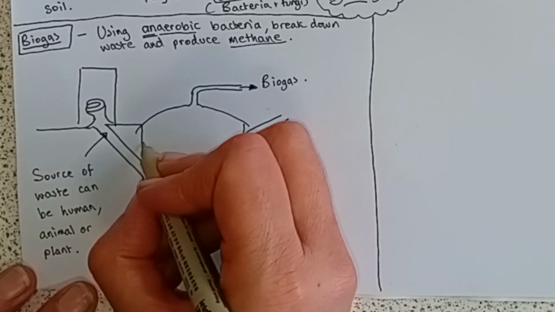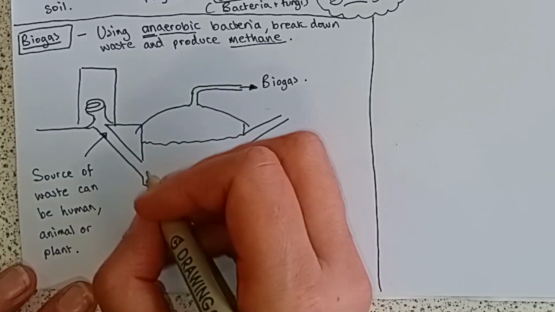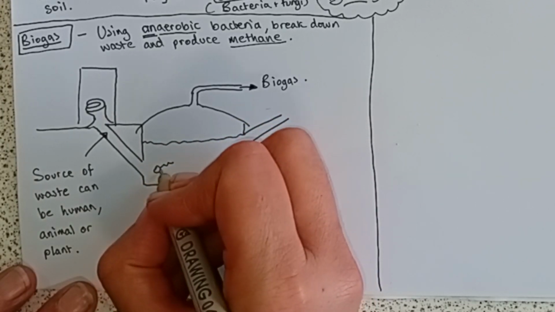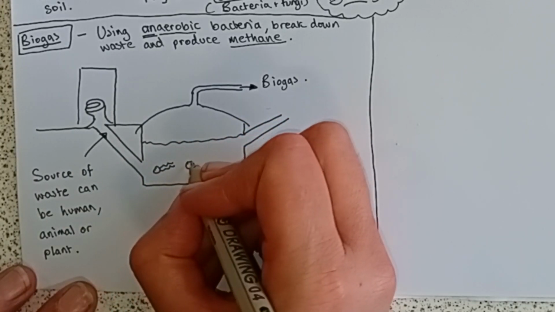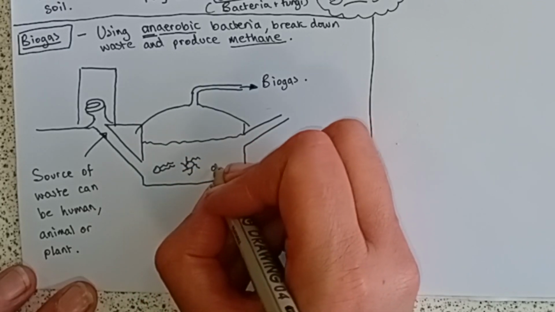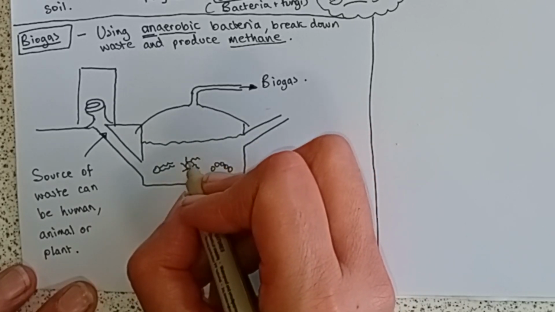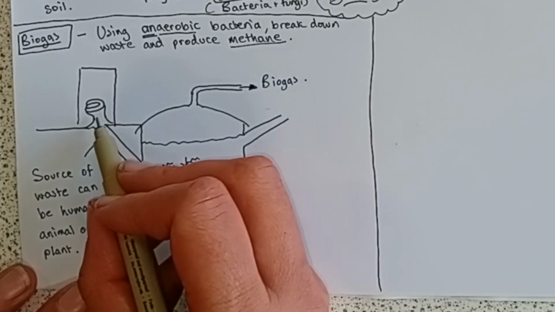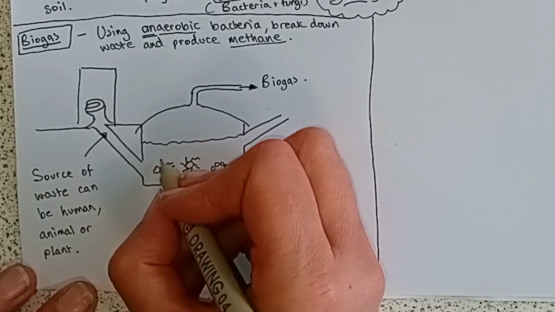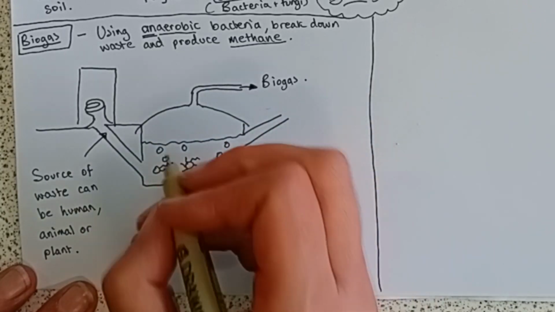Inside here then is a heady mix, as you might imagine, of waste materials, but you also need those precious anaerobic bacteria and fungi in there, and they will release enzymes, break down the waste material, and release methane gas that will bubble up to the surface.